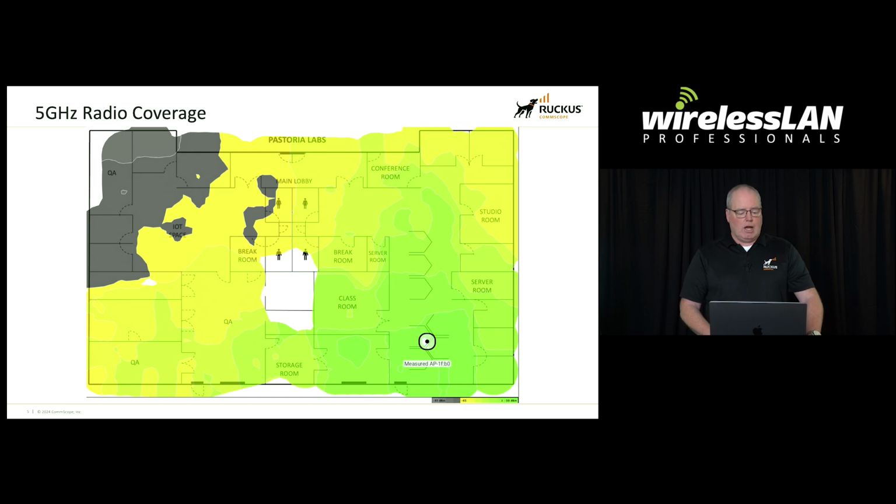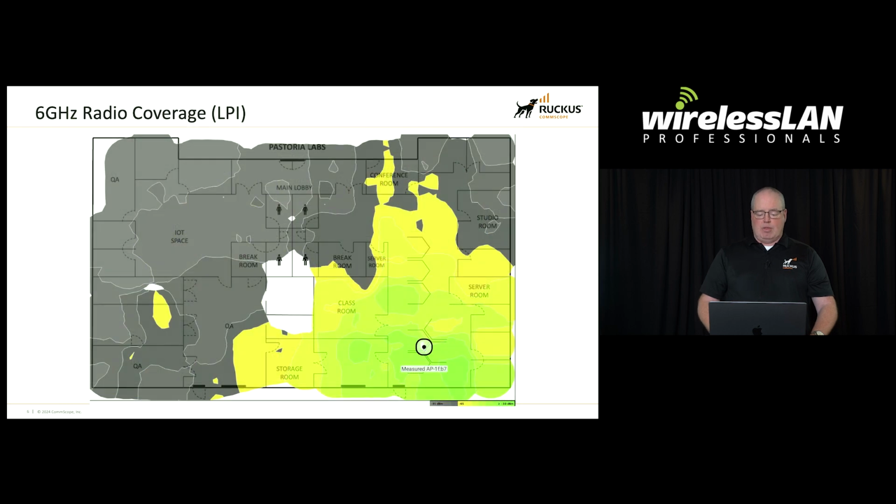And for the coverage side, this is actual survey data. We set up an access point that was running in 5 gigahertz only and did a survey in an office. I showed this before in the previous talk, so some of you will be familiar with this, but basically this showed what the coverage was like in the real world in an office from a 5 gigahertz radio.